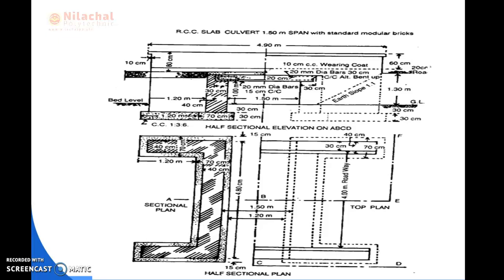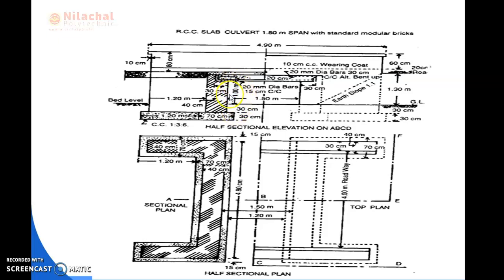We already discussed that in the abutment and wing wall case, we consider the height from the bottom of the brickwork to the end point of the slab. The slab thickness, how much? A 20 centimeter slab is used here. So the slab thickness is 20 centimeter plus 1.0 meter plus 30 centimeter.